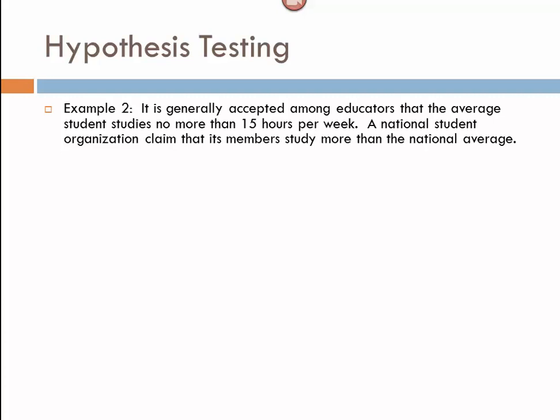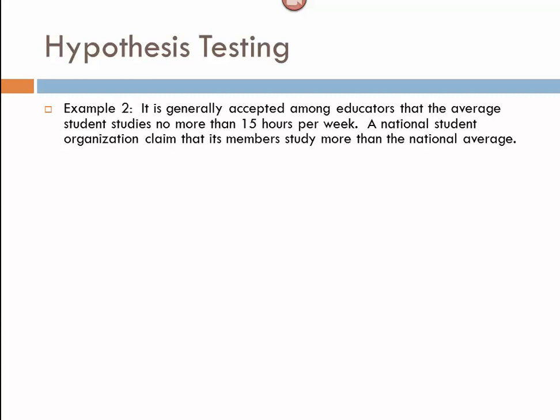So for example 2, it's generally accepted among educators that the average student studies no more than 15 hours per week. A national student organization claims that its members study more than the national average. Now in all of our hypotheses, the null is always an equals. And you're just going to assume that. So we want to look for the key measurement of which the null is equal to. And in this case, we're talking about a mean, an average of 15 hours per week, right?